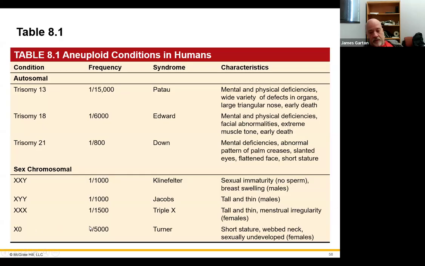And then you have X0, much more rare. It has a name, Turner syndrome, and much more abnormal characteristics.